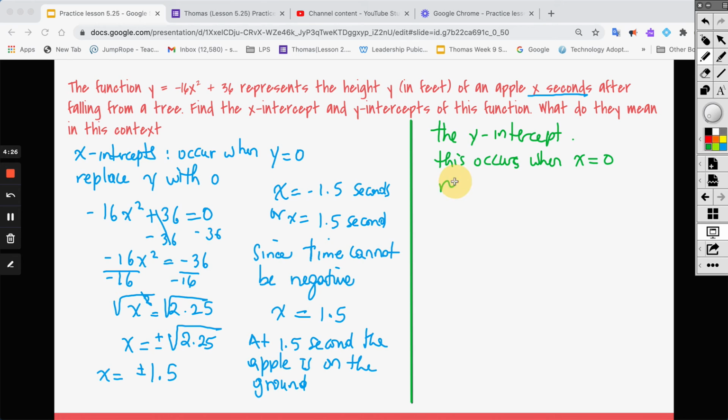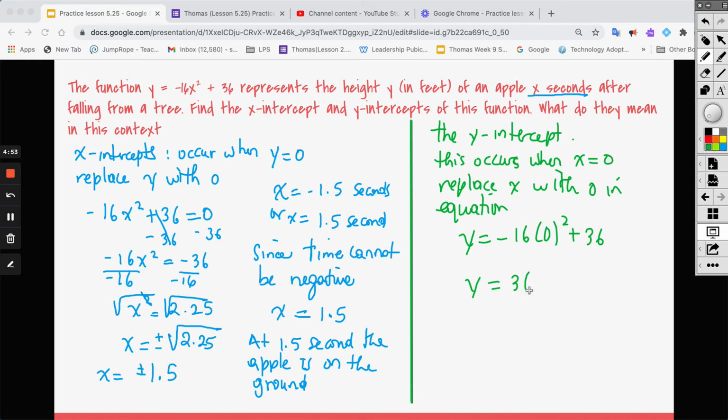So what we're going to do is replace x with 0 in the equation. So we'll have y is equal to negative 16 times 0 squared plus 36. And 0 times itself is 0, 0 times anything is 0, so we see that y is equal to 36.